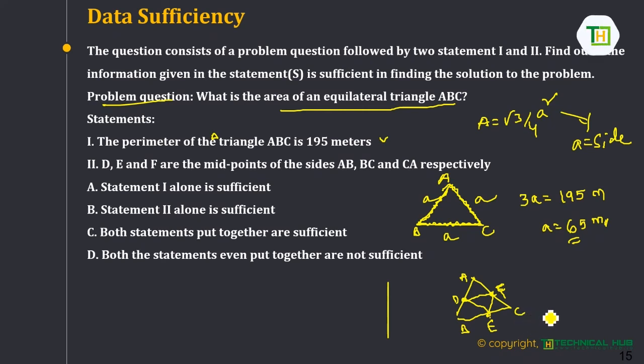Suppose statement 1 is wrong, that time we use statement 2, adding it to statement 1. Suppose statement 1 does not give the exact answer to the problem question, that time we add the second statement. But here statement 1 directly gives the answer, so statement 1 is sufficient, and that's why we do not include statement 2.